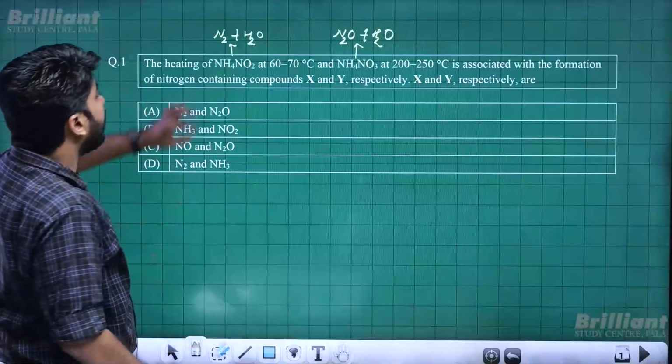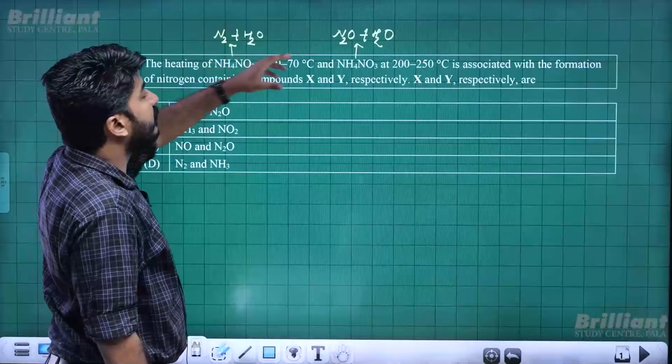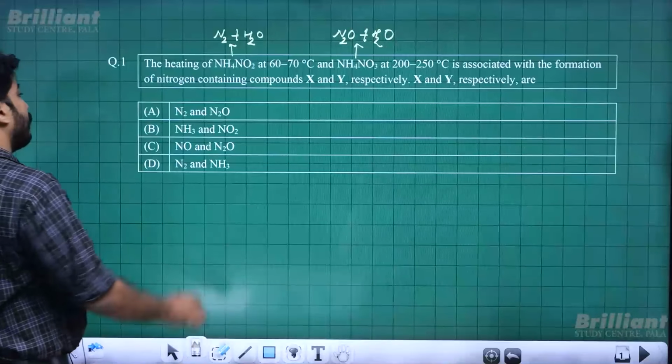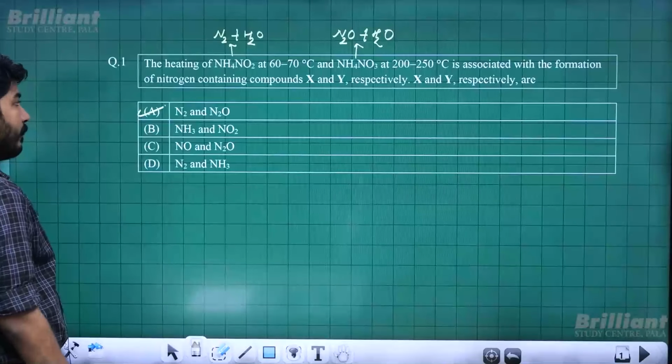Generally, ammonium salts containing oxidizing anions other than nitrate are going to give us dinitrogen on thermal decomposition. So here our answer is option A.